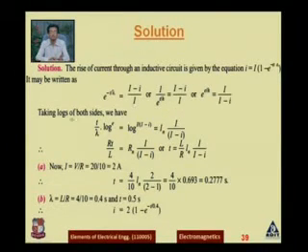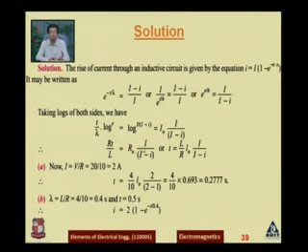Taking the logarithm on both sides, the equation will be t by lambda is equal to log e of I divided by (I minus small i).